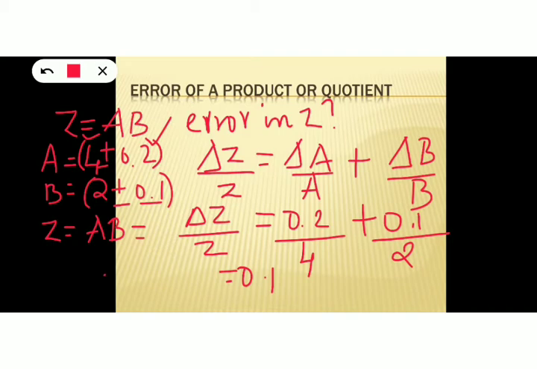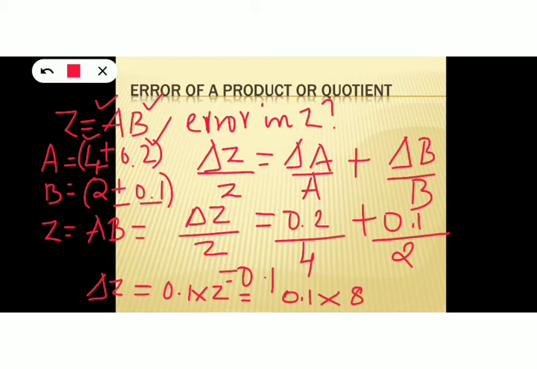And if you want to find delta Z, what is the expression? Delta Z by Z is 0.1, so delta Z is equal to 0.1 into Z. Z is A into B, the true values, so 4 into 2, that is 8.